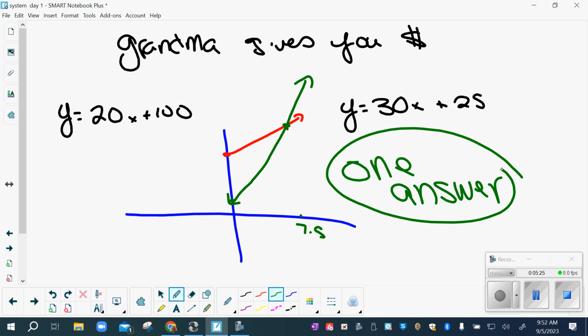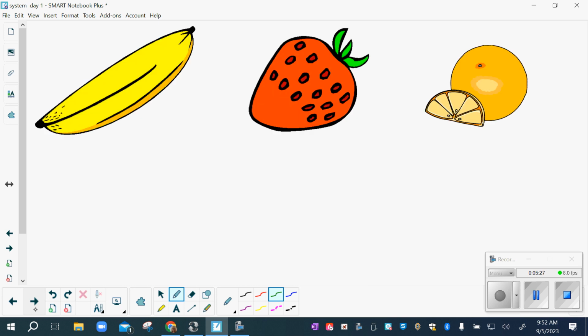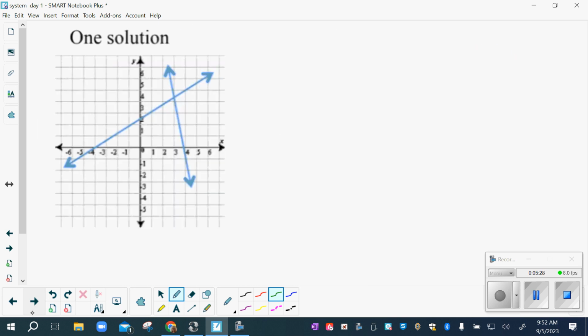So the first thing I want you to write for your notes is this. Oh, don't write bananas. Here's what happens. I'd like you to draw a little graph, make two lines cross. Just make two lines cross.